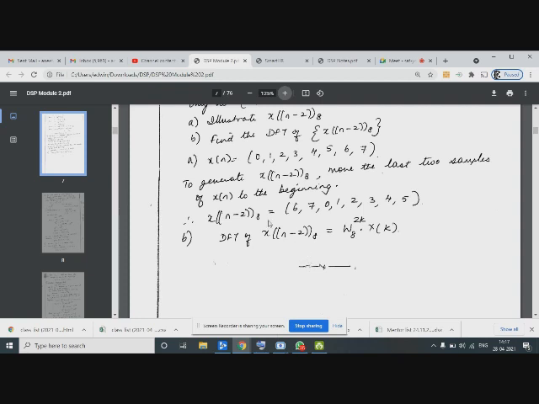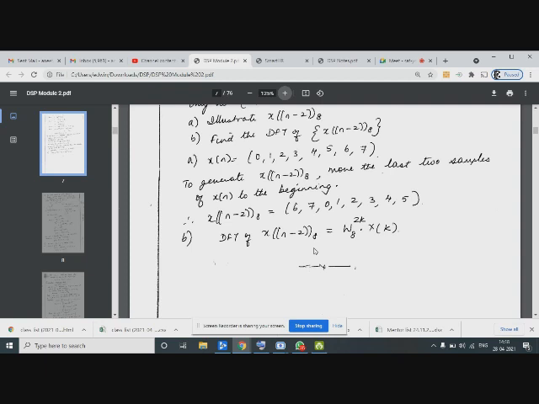Make a note, all of you. Though in these notes it's just given for this, and even in the Ganesh Rao textbook they have solved only for this, I want you all to solve it for x of n plus 2, x of n minus 2, x of n plus 3 and x of n minus 3.